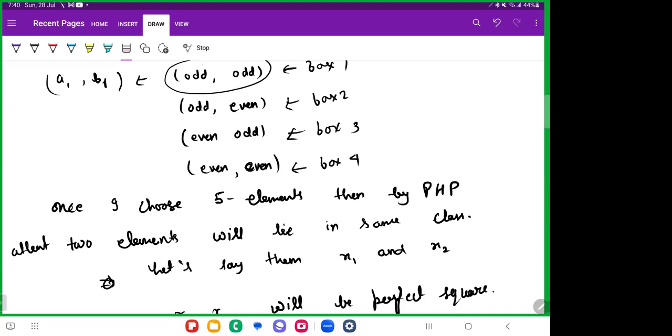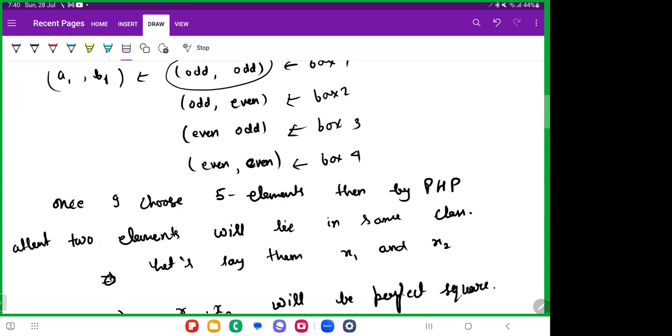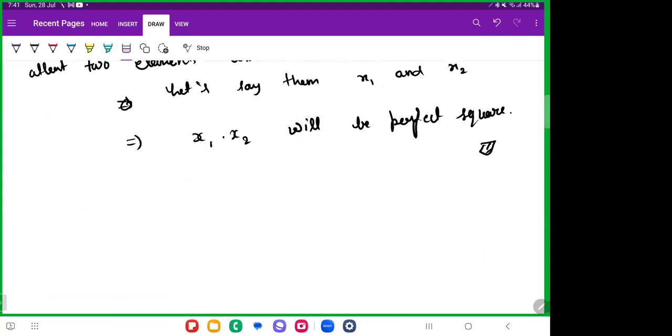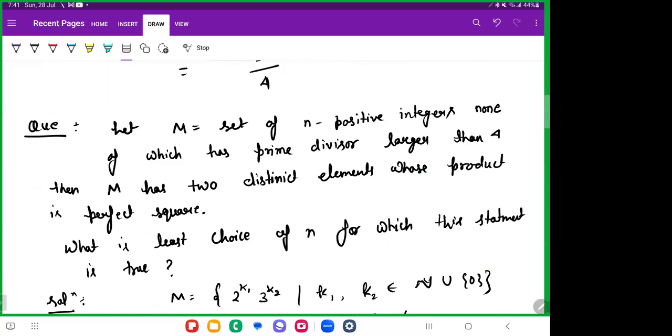For lesser than 5, it can happen, but it is not necessary. There can be a counter example. For the 3 case, someone said 3, then I gave him an example. So 5 is the least number after which we are sure that one of the buckets will have 2 distinct elements whose product is a perfect square.